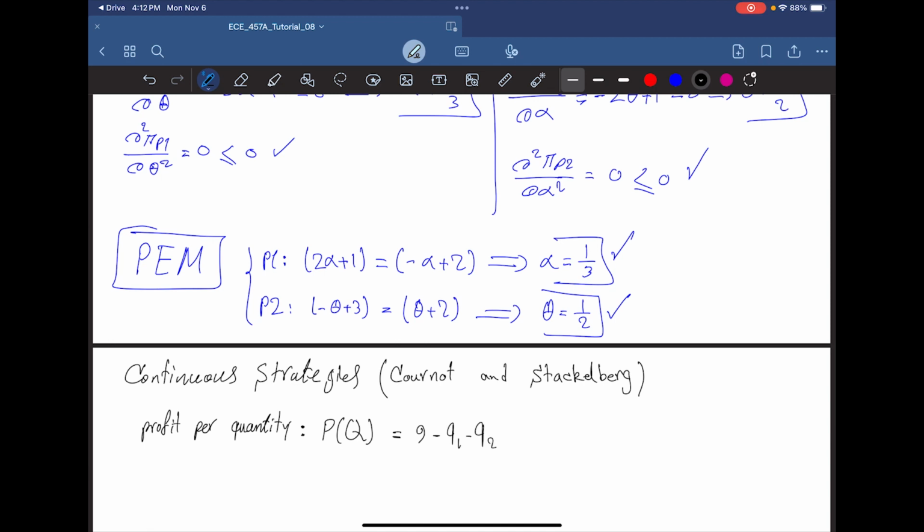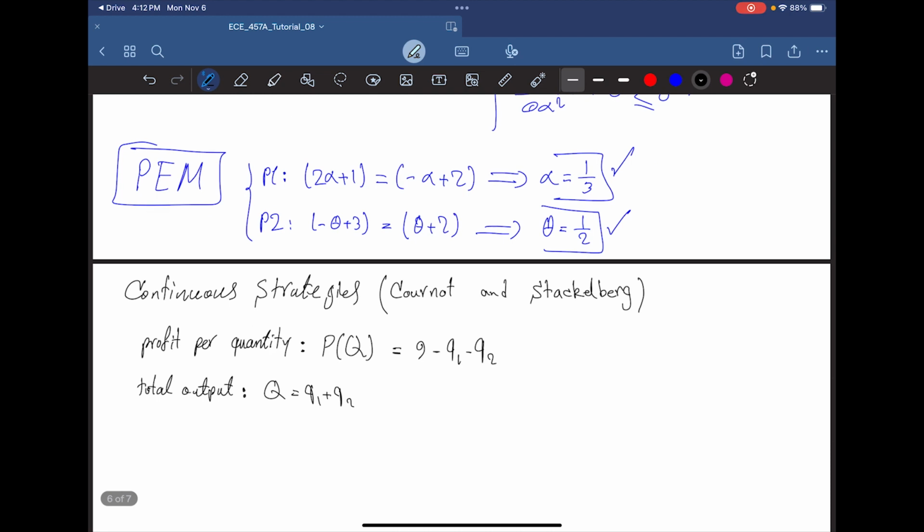So we have 2 companies competing with each other. Then we have the total output, which is Q equals Q1 plus Q2.